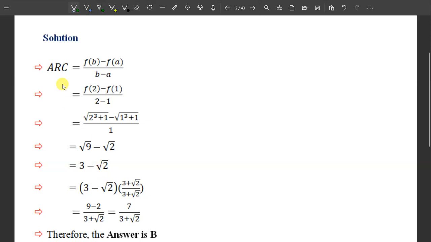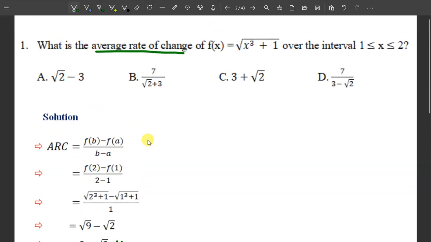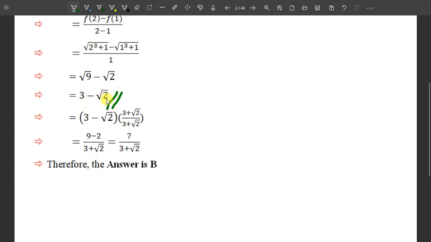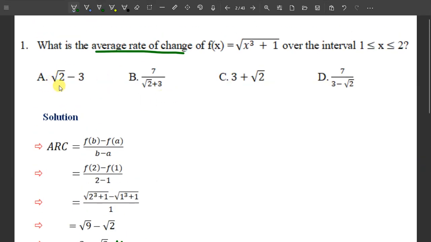But let us check whether this irrational number actually exists in our choices. Here we have 3 minus radical 2. But here we have radical 2 minus 3, which is different. And here we have 7 over radical 2 plus 3. We will check it later on whether it is equal to this number or not.